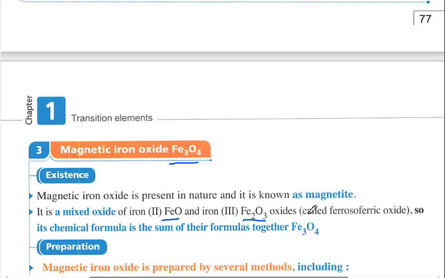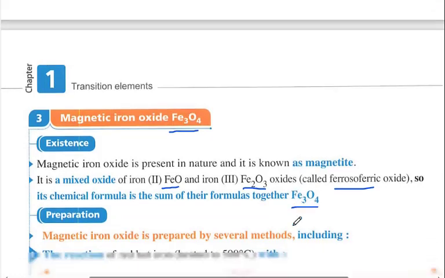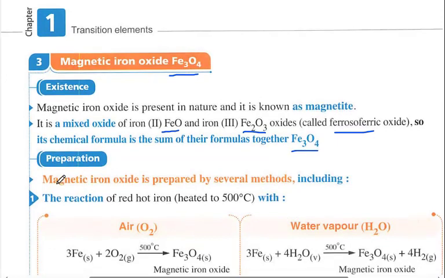It is called magnetic iron oxide, ferroso-ferric. Ferroso means there is ferrous in its composition, and ferric means there is ferric in its composition. So magnetic iron oxide is a mixed oxide, and there is a question upon this point. We'll discuss it this time.